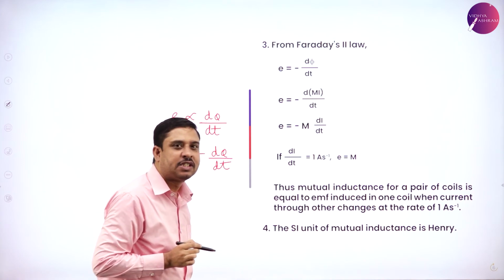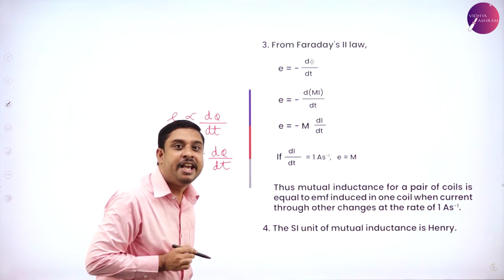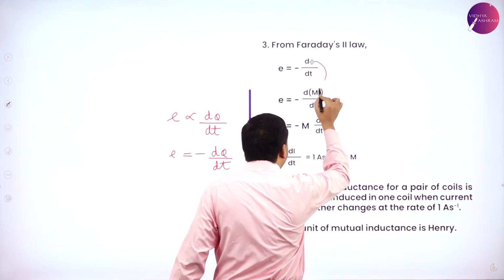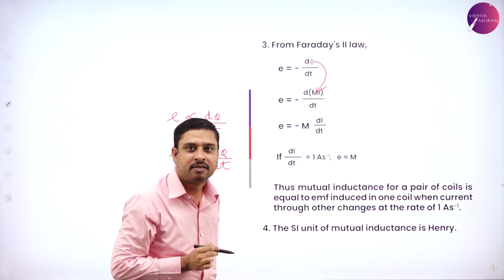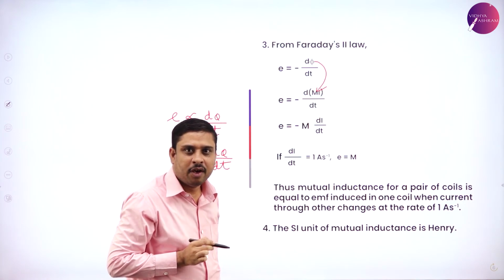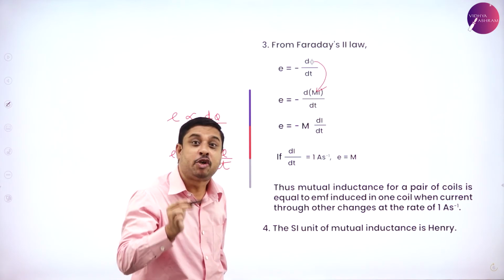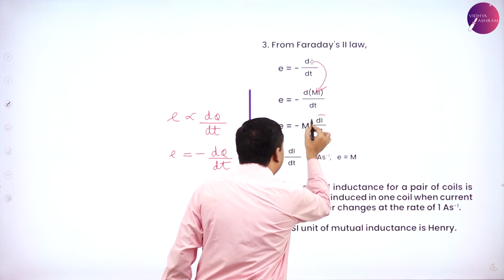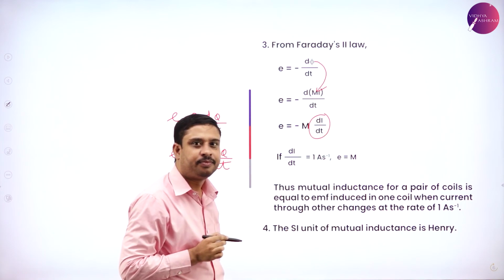Why the negative sign? Validity of Lenz's law, direction. Or phi is equal to M into I in this case. M is a constant, a coefficient of mutual induction. I take out M. What survives? di by dt.